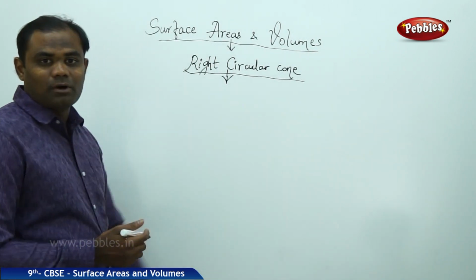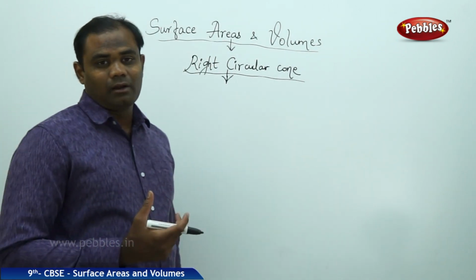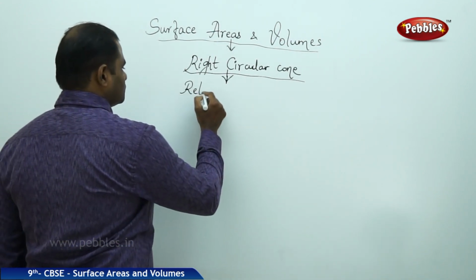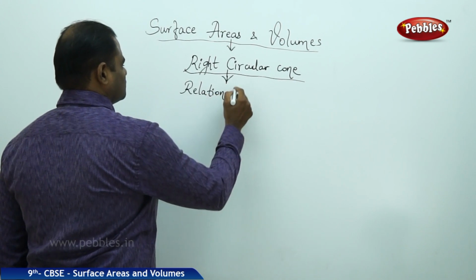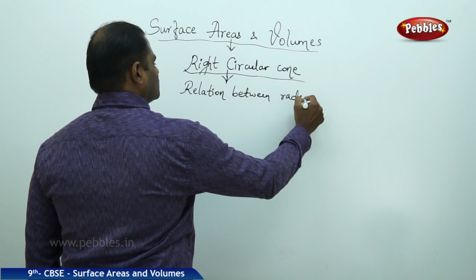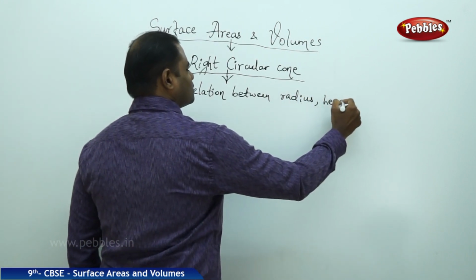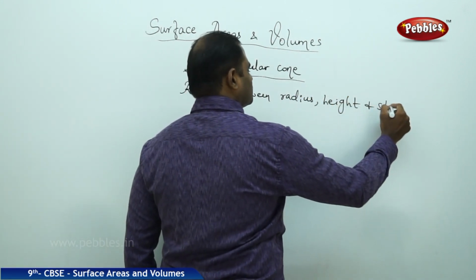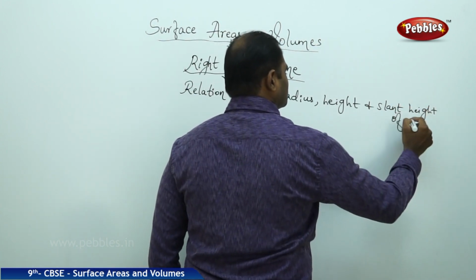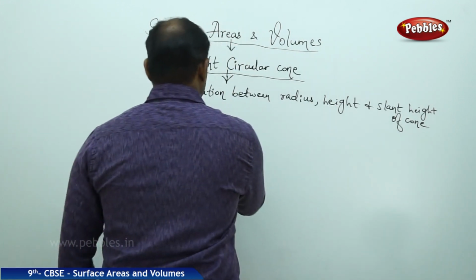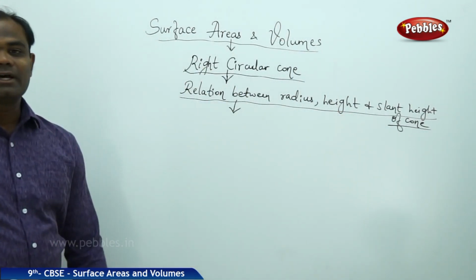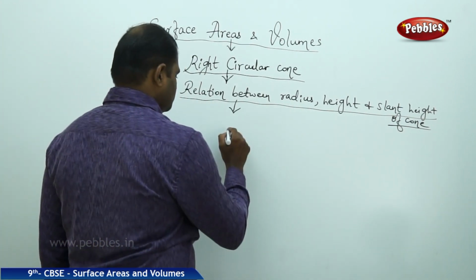This session is about the relation between r, h and l, the radius, height and slant height of a cone.